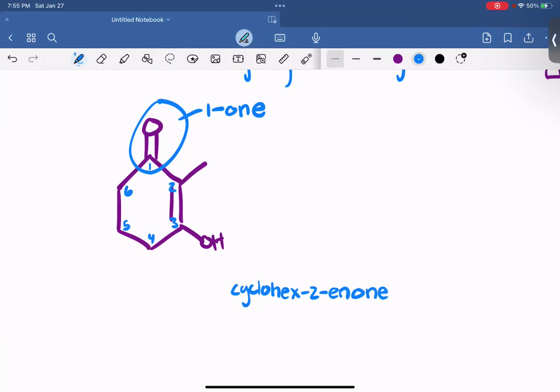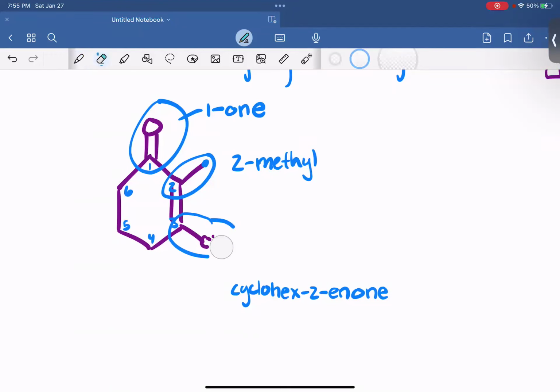Next, we label all of our substituents. Off of the 2 carbon, we have a 1 carbon piece. One is meth, and how do we label a carbon chain? Well, yl. And off of the 3 carbon, since we've done hydroxy twice, let's change that to an amine group.